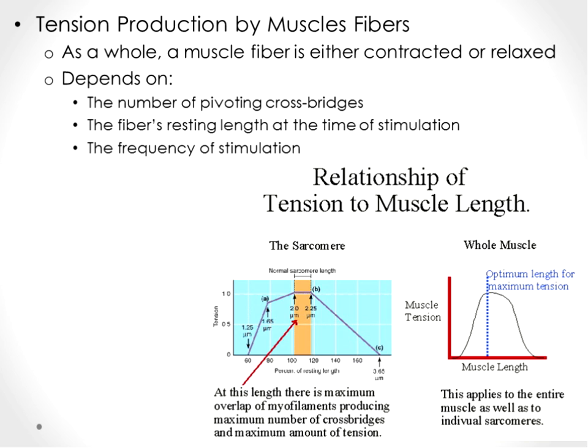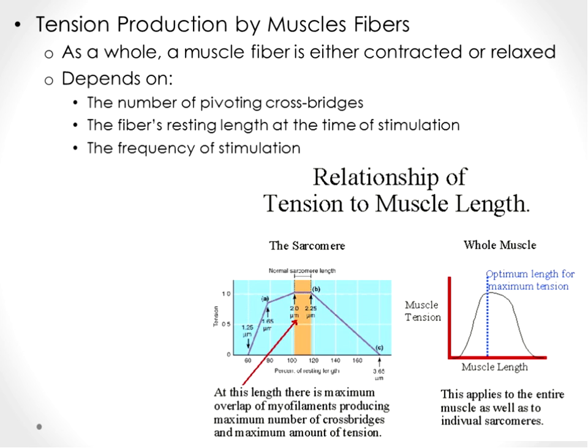I need one muscle fiber, one cell, to give me a little bit more force. Okay? How can I make a muscle cell that has a certain resting tension, a certain amount of overlap, a certain amount of actin and myosin, a certain availability of calcium, a certain availability of ATP, generate a little more force?